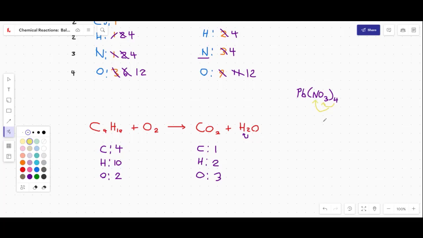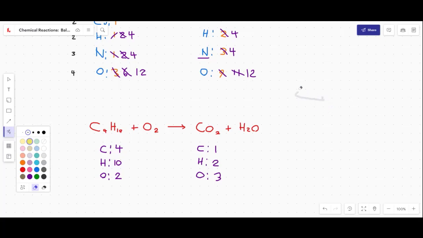So that is important to note. Anything outside of parentheses will multiply what's inside the parentheses. But for the hydrogen here, that 2 just refers to the fact that there are 2 hydrogens, and there's no further multiplication, at least not until we put some coefficients on it. Okay, thank you. No problem.